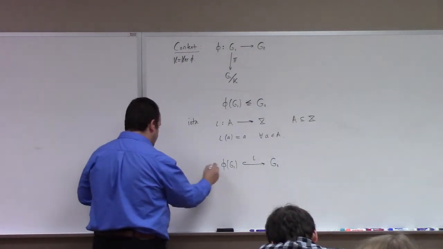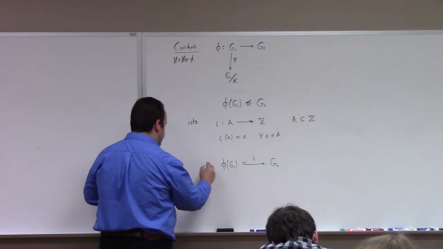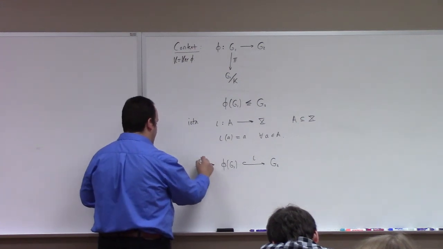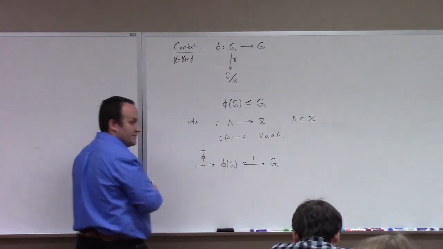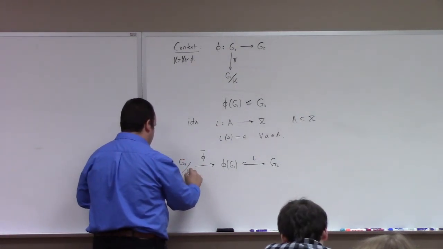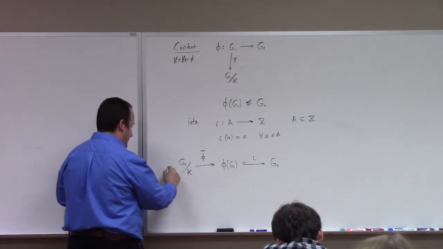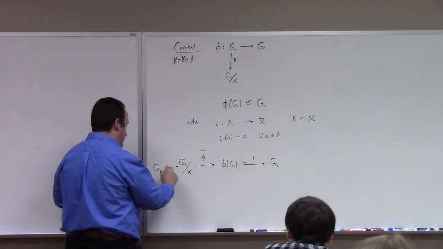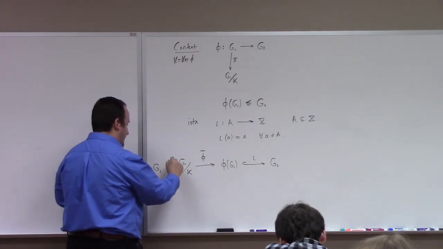And then, basically the phi bar is here, right? You've got G1 mod the kernel here, and to get from G1 to there, what do you use? You use the fundamental homomorphism.